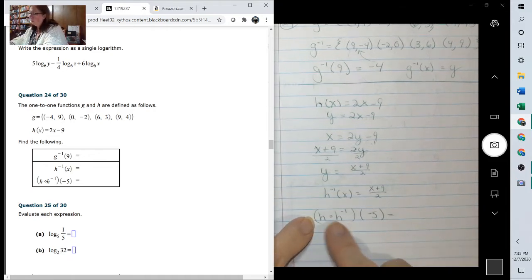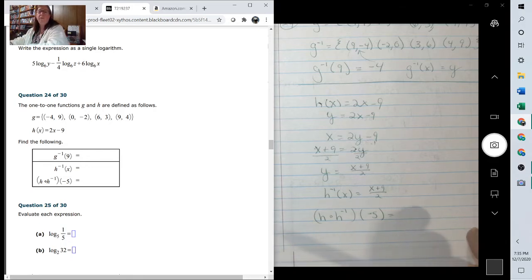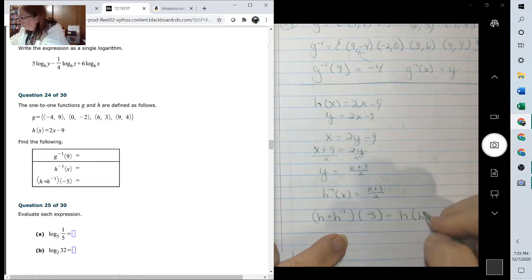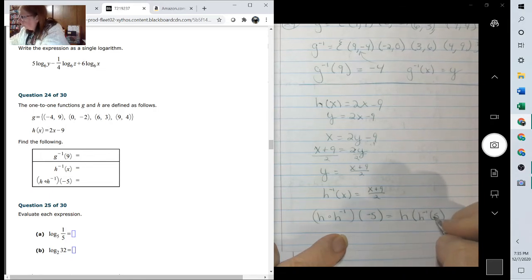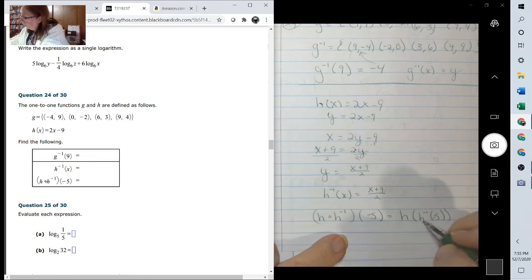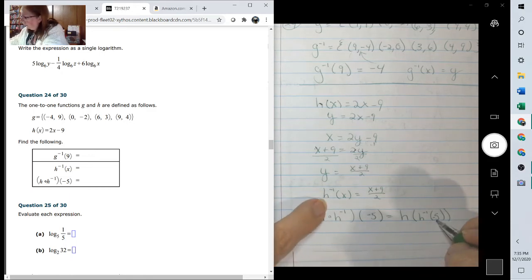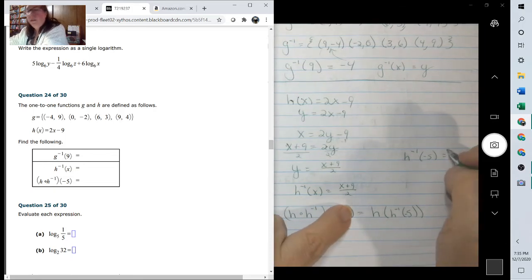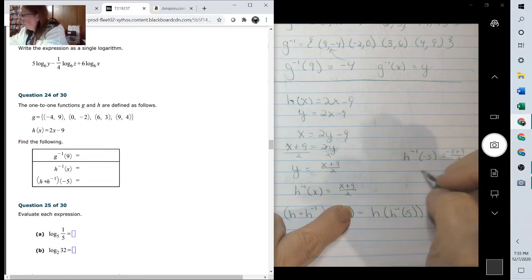Now, when you're taking the composition of an inverse, it's just going to give you the value back. But if you wanted to check it, you can go h of h inverse of 5. In this case, -5. So if we find -5, plugging it in here, we get -5 plus 9 over 2, which is 4/2 or 2.